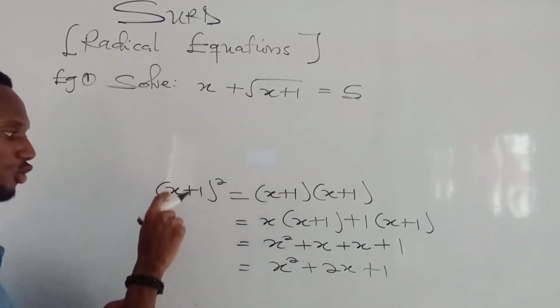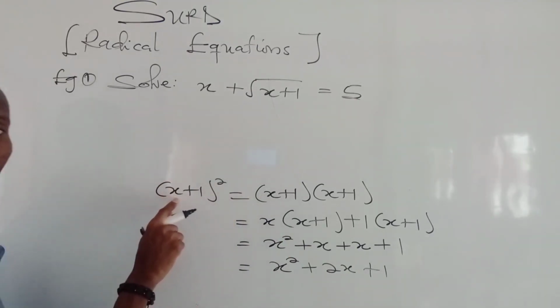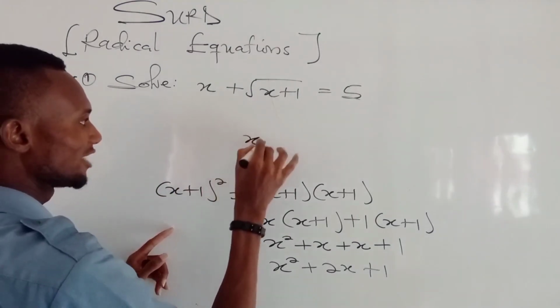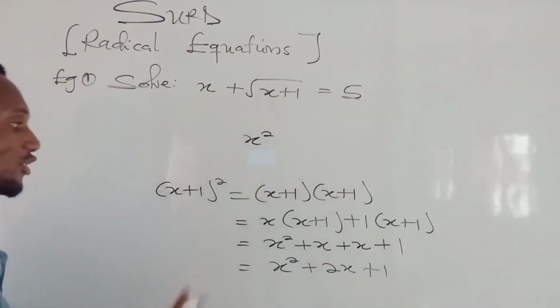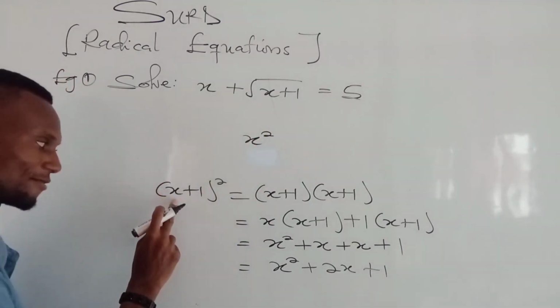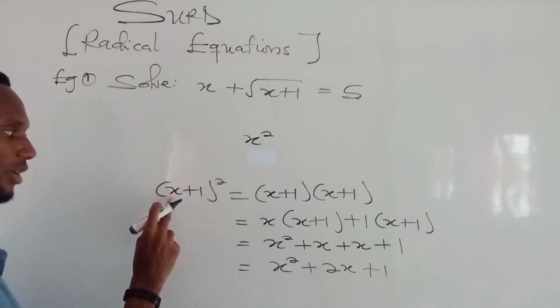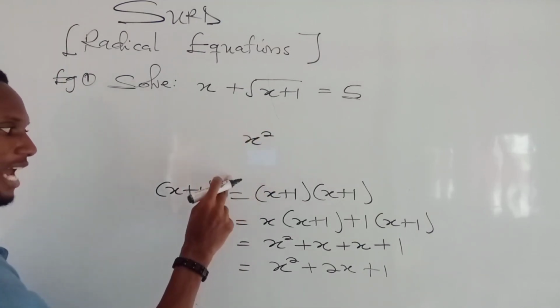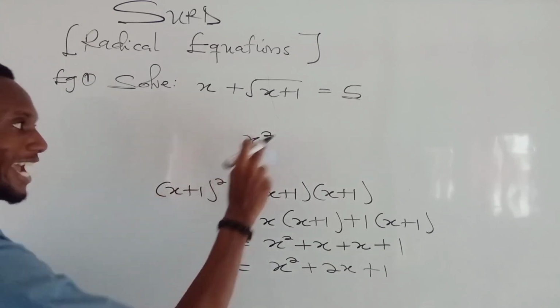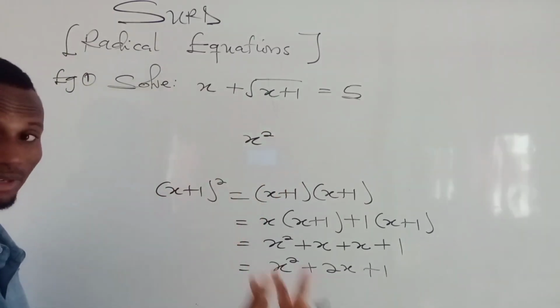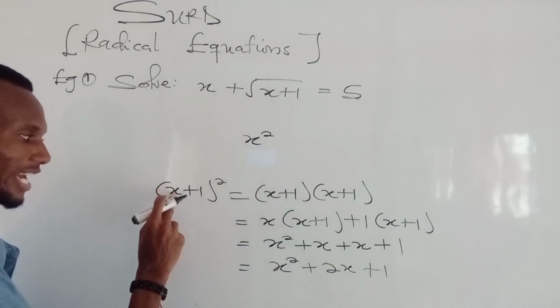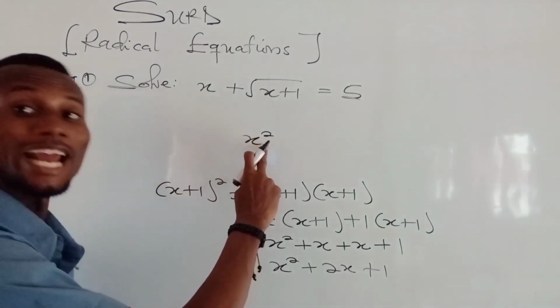When it squares the first term, it's going to give us s squared. I hope you agree with me. So the power 2 here will square the first term, and that gives us s squared.